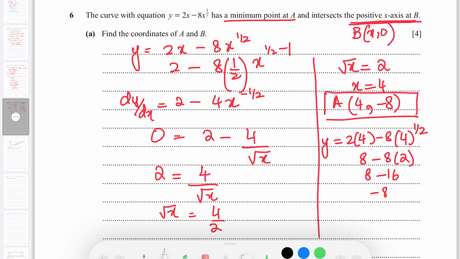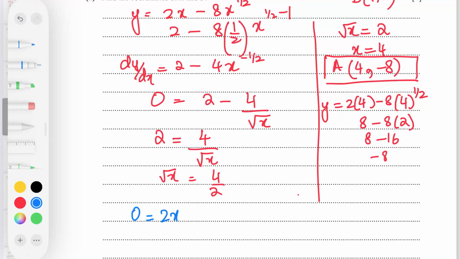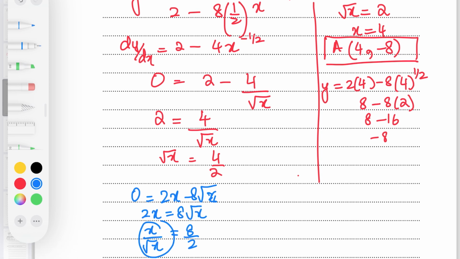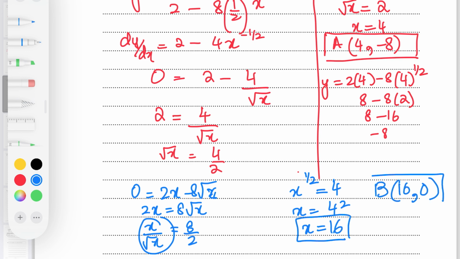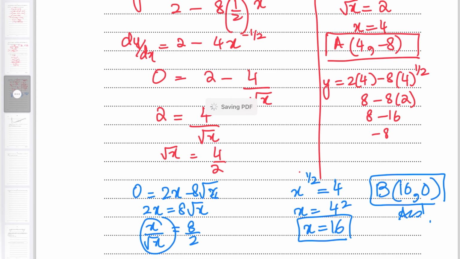Let's keep the y value 0. Same bases, powers will subtract. That's my answer. Let's move on to the next part of the question.